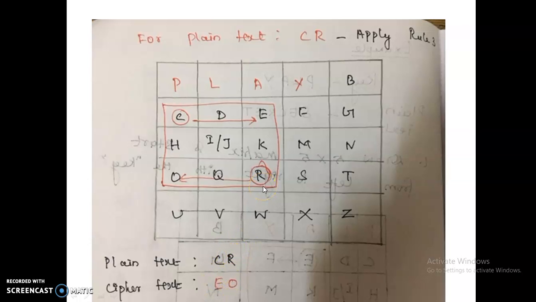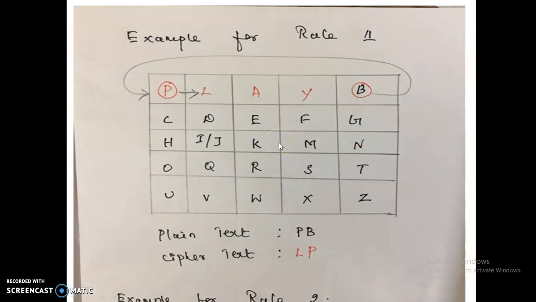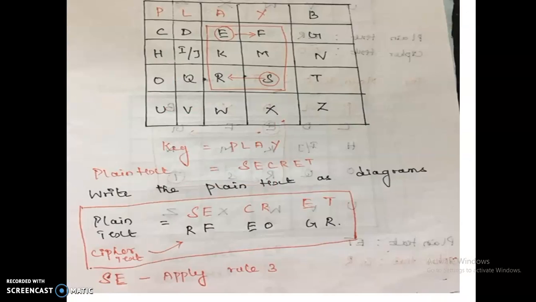And then the last two letters are E T. Here also the letter E and the letter T are not in the same row, not in the same column. So rule 3 will apply here. E is replaced with G and T is replaced with R. Now the secret message: for S, R is replaced, for E, F is replaced.